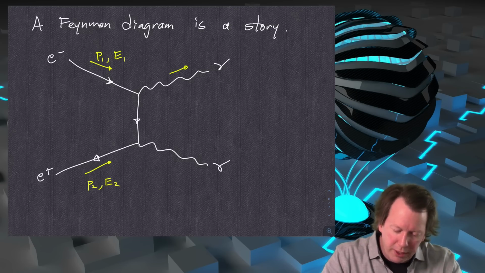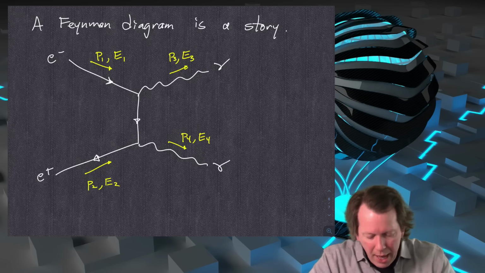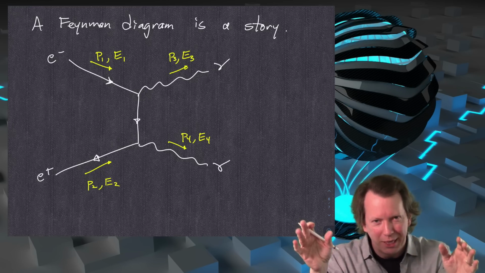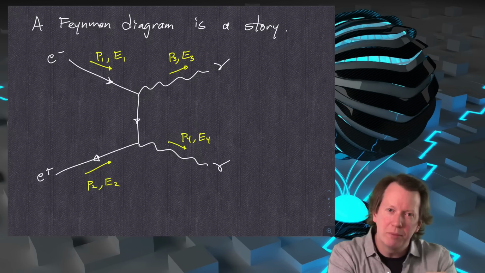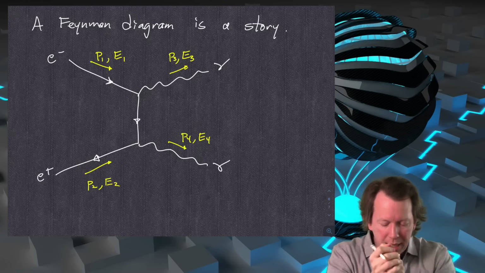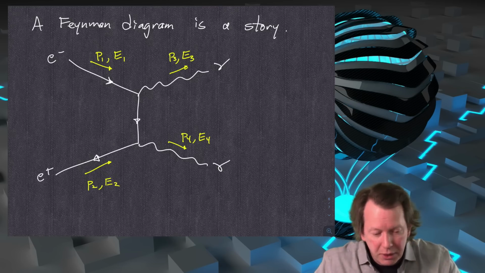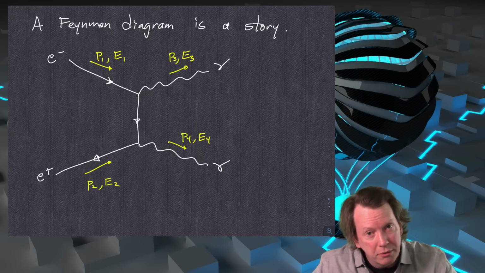This is particle 3, so it has momentum P3, energy E3. Particle 4 over here has momentum P4, energy E4. And so this is why Feynman diagrams get complicated, because you see the arrows representing momentum are separate from the arrows representing electronness or fermion number. But okay, the point is, at every vertex, the total momentum and total energy are conserved in a Feynman diagram.